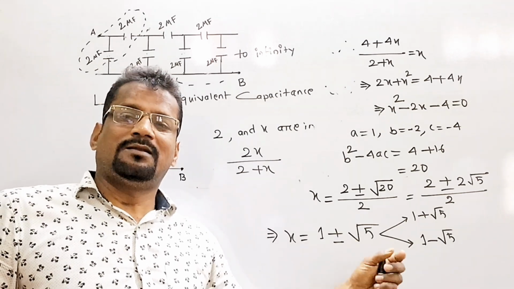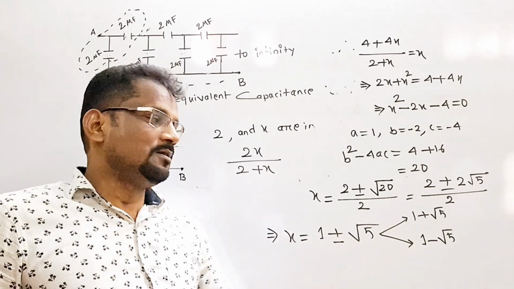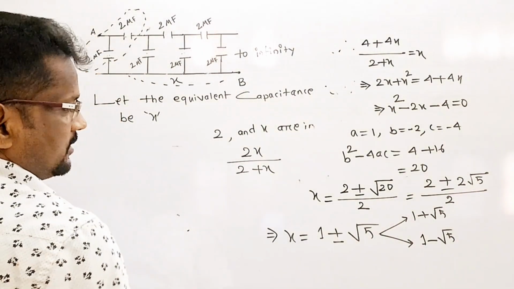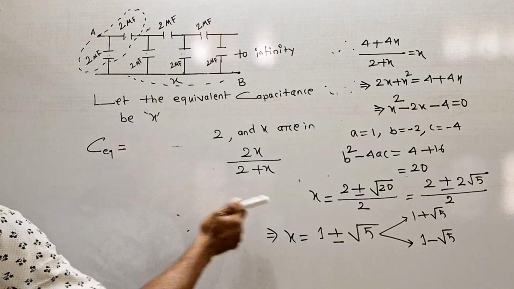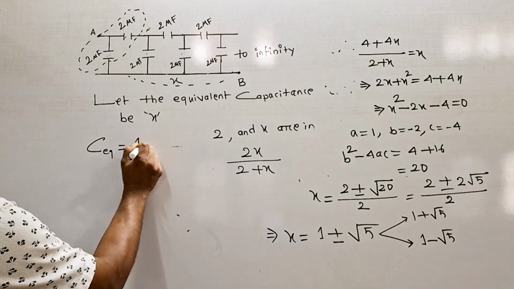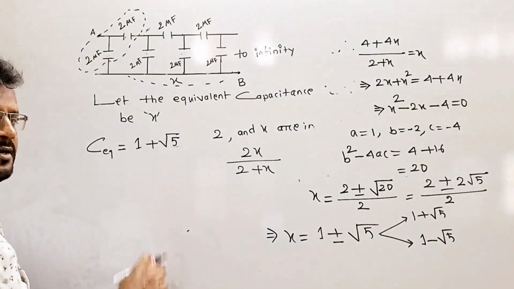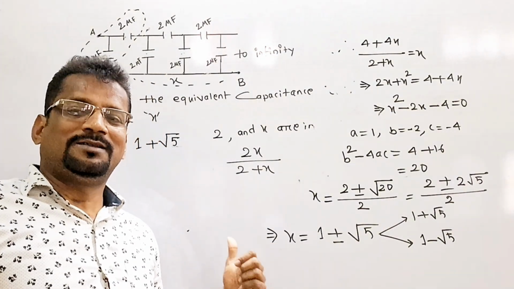Capacitance cannot be negative. That's why 1 minus root 5 is not possible. So the equivalent capacitance, C equivalent, is confirmed: it is 1 plus root 5. This is your answer.